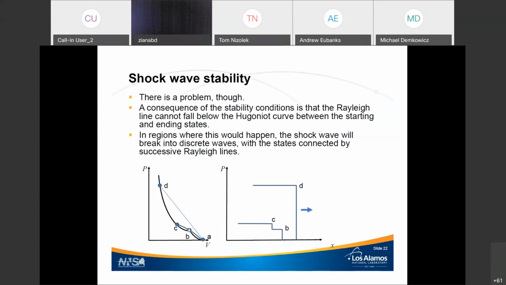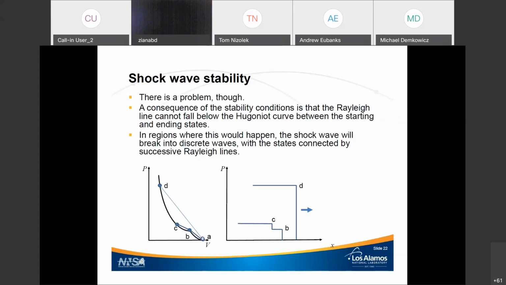It will break up into more than one wave required to get you to that state without ever falling below the Hugoniot curve at any point on its way there. So to get to C, you can't take a straight line.